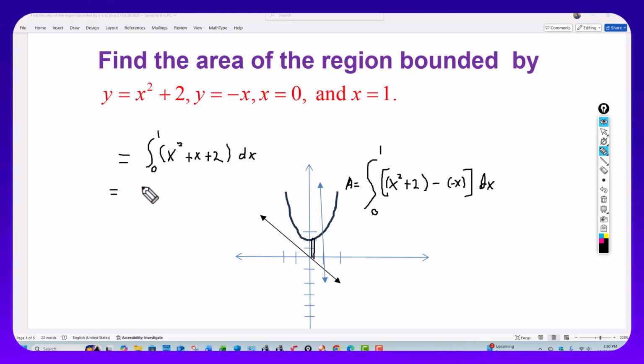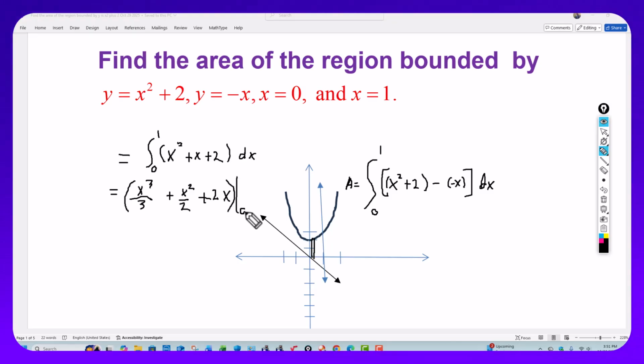So all you have to do now is basic integration, term by term. For x squared, add 1 to the exponent, we get 3, divide by 3. For the x, add 1 to the exponent, we get 2, divide by 2. The integral of 2 with respect to x is 2x.